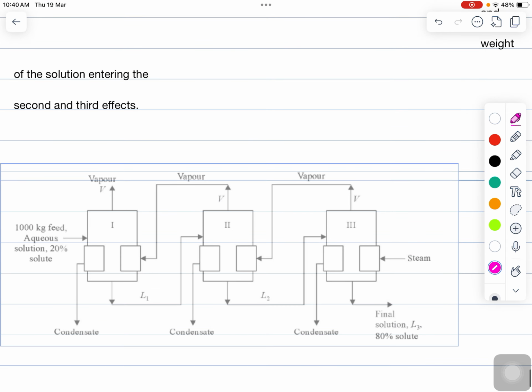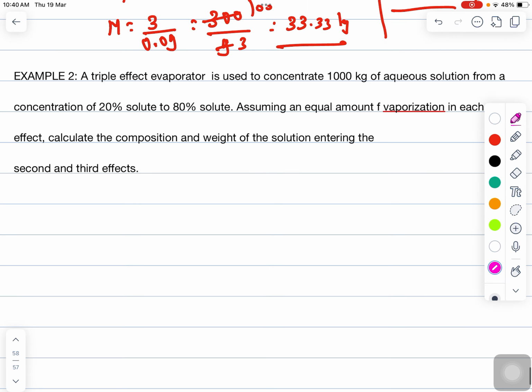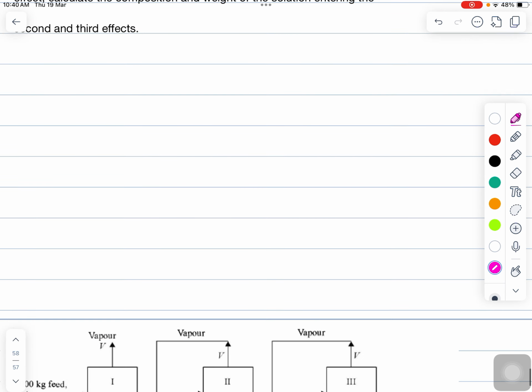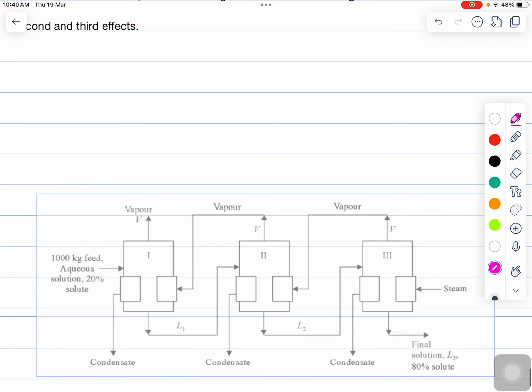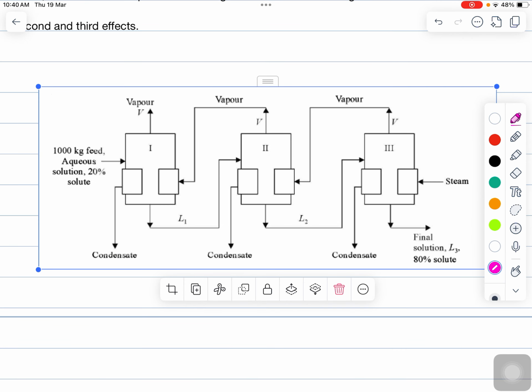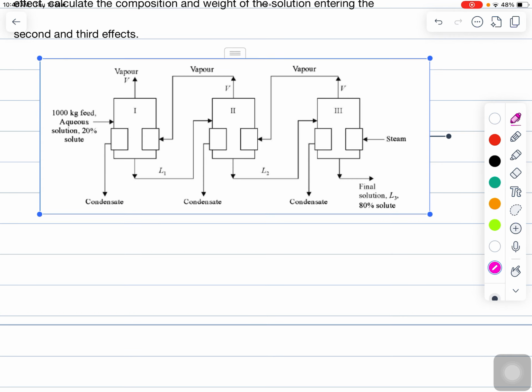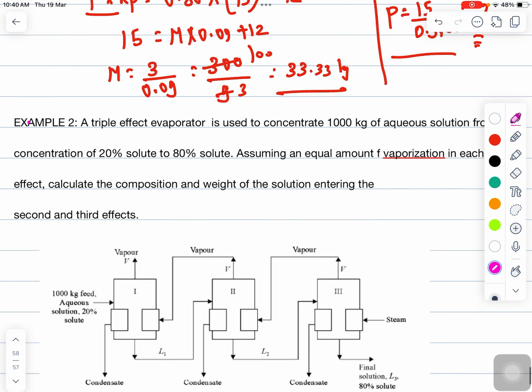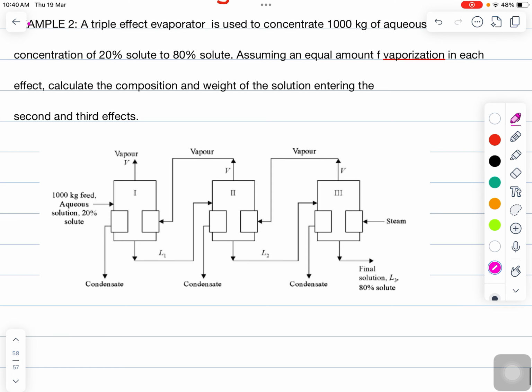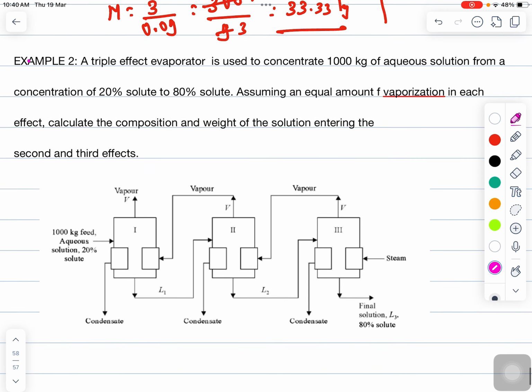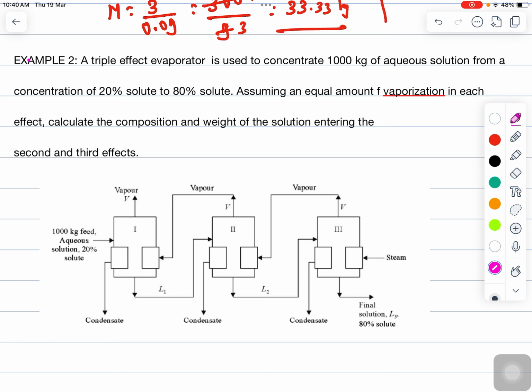So now moving towards the next problem. The next problem is based on your evaporator, right? In theory, I talked about the forward feeding evaporator or multiple effect evaporator. Here there is a backward feeding evaporator.